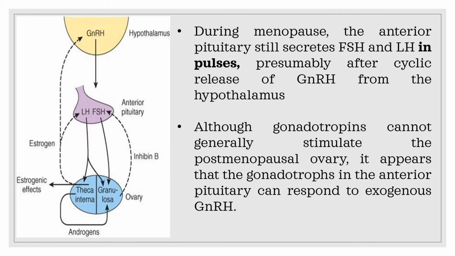Now during menopause, we know that the ovary is not secreting an adequate amount of estrogen and inhibin. What about the pituitary? Are they releasing LH and FSH? During menopause, the anterior pituitary still secretes FSH and LH in pulses, presumably after cyclic release of GnRH from the hypothalamus.